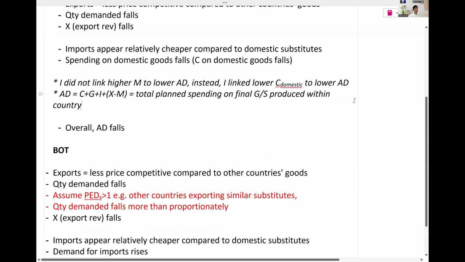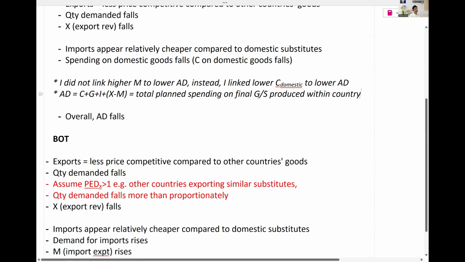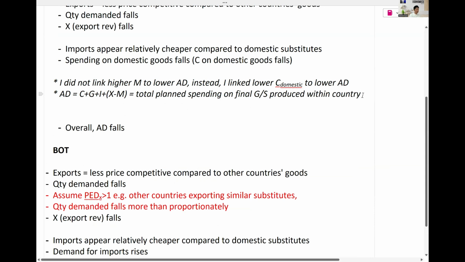So the first thing we see is if it's total planned spending on final goods and services produced within the country, why do you need M in there? M is not part of it. So it's because we recognize that C, when a household goes to the supermarket, they will buy goods that are produced within the country. They also buy some goods that are imported.